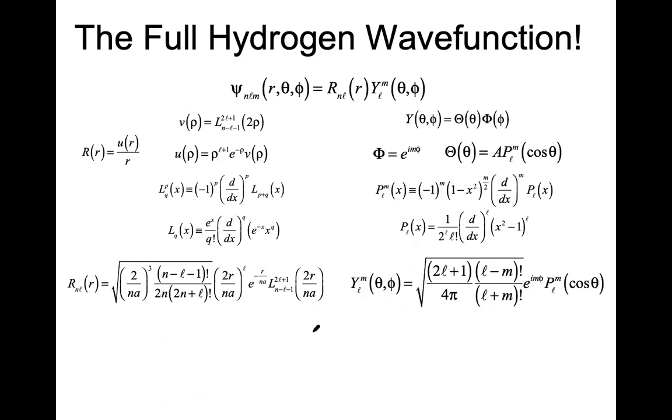I guess the full hydrogen wave function then, putting all of this together, is V gets you U, gets you R. The V's come from the Legendre polynomial, and it's a very similar thing to what we did with Laguerre polynomials, which is probably why sometimes we'll say the wrong dead French mathematician's name.